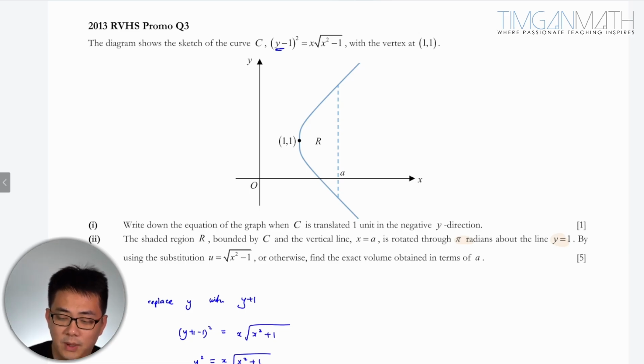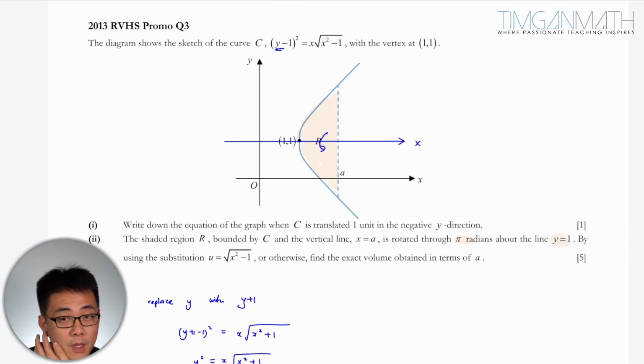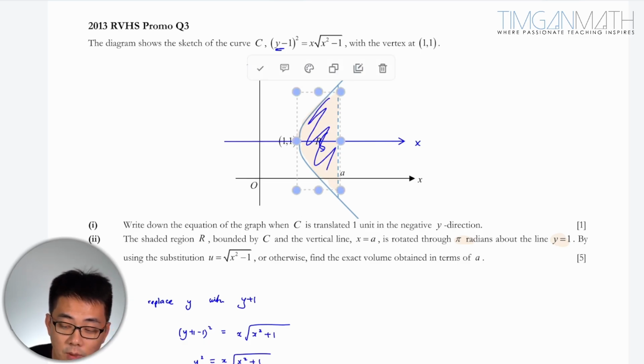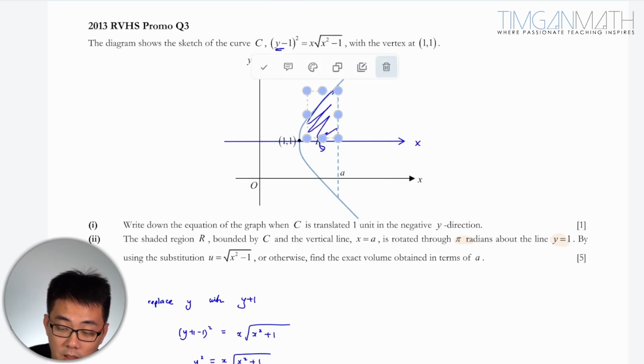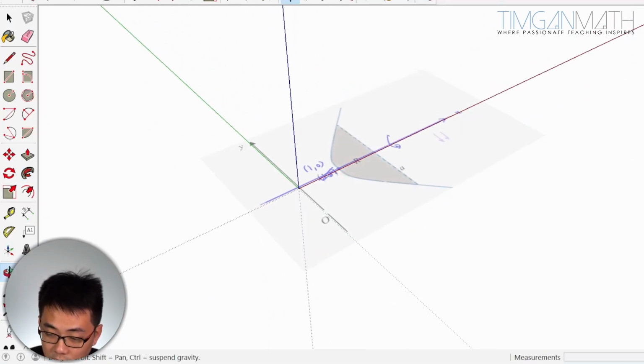Pi radians means 180 degrees, but because R is already a full circle on both ends, rotating 180 degrees about the line y equals 1 gives a full solid.